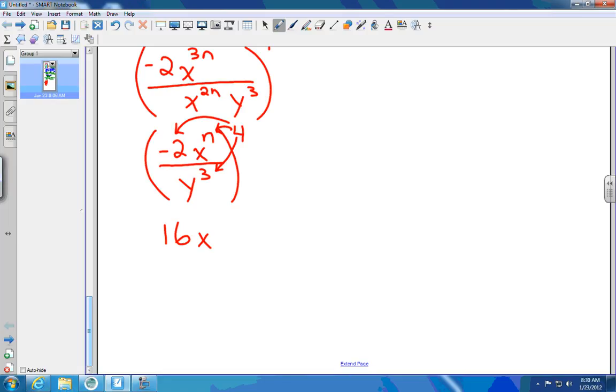X to the n raised to the fourth. Power to a power. What do you do with the exponents? Multiply them, so that would give you 4n. And then the same thing down here, power to a power would give you y to the 12th. And you're done.